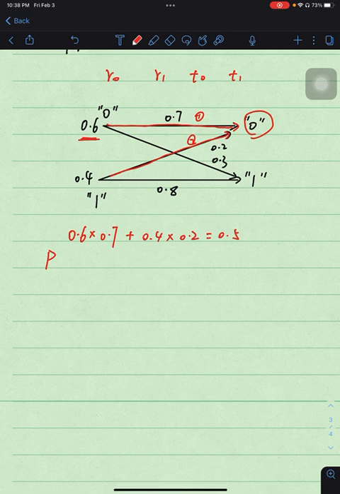T1 is 1 is transmitted. So the probabilities, right? And we need to know when we send the 0, it is a correct way through channel 1.